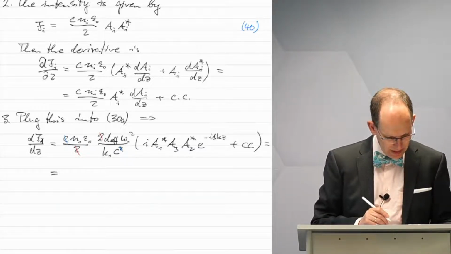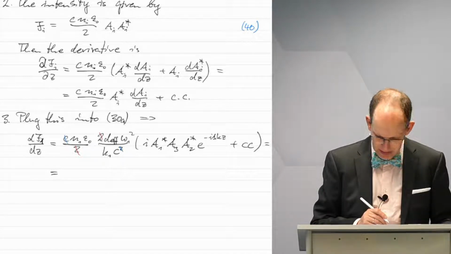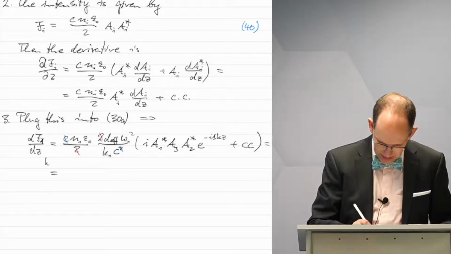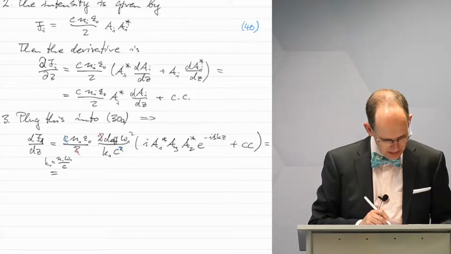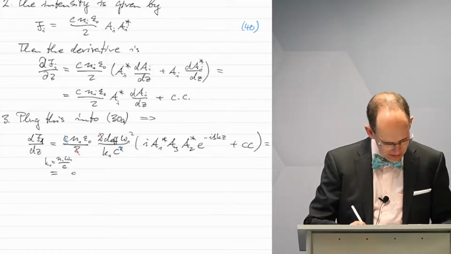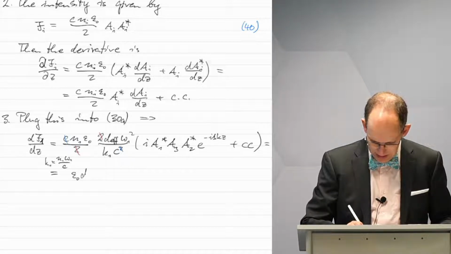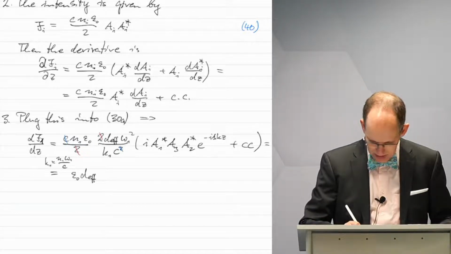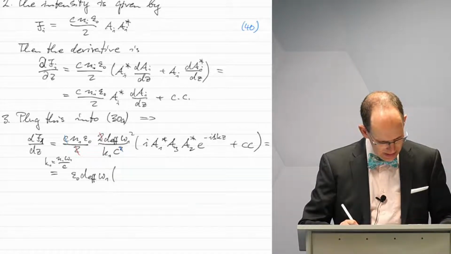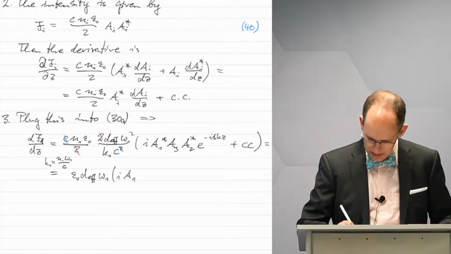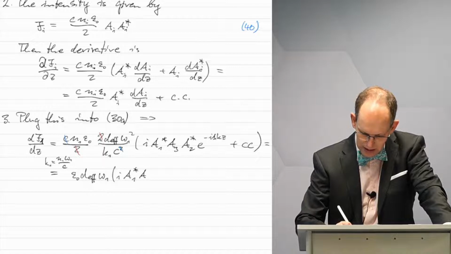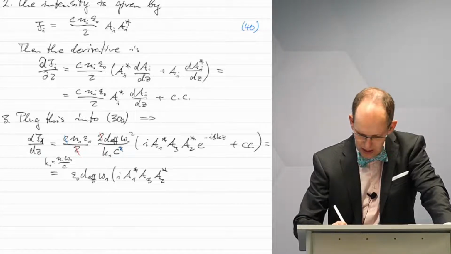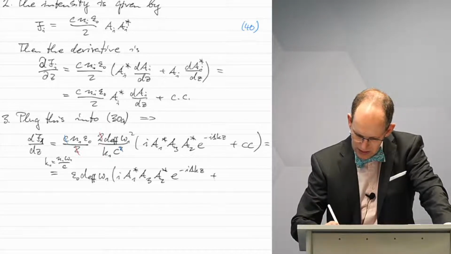So what we do is n1 times omega 1 divided by c. And then we find epsilon 0 times the effective nonlinearity times omega 1 times i, and just copy this here. A1 star, A3, and A2 star, plus this factor with the phase mismatch.